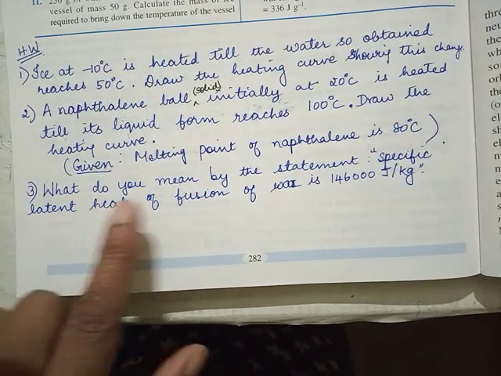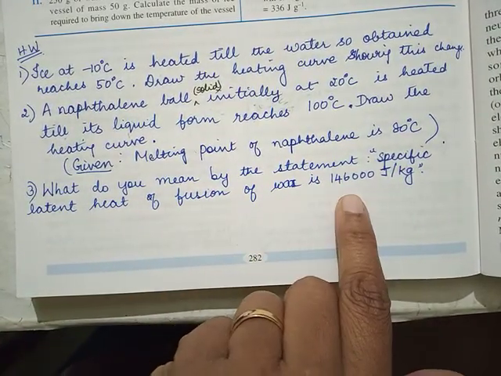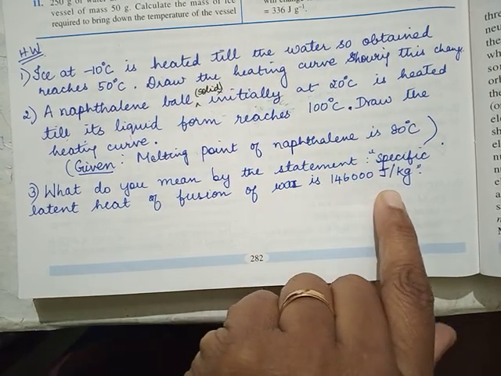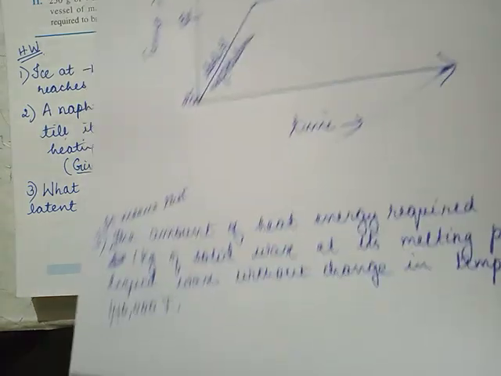Okay, the third one: what do you mean by the statement specific latent heat of fusion of wax is 1,46,000 joule per kg? Again, many of you had written something, but you had not written all the points.